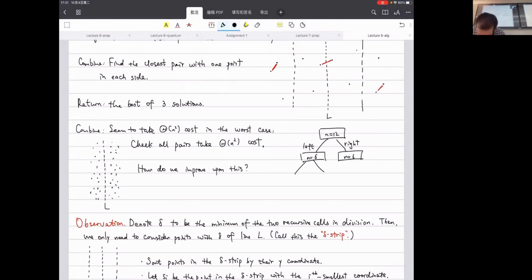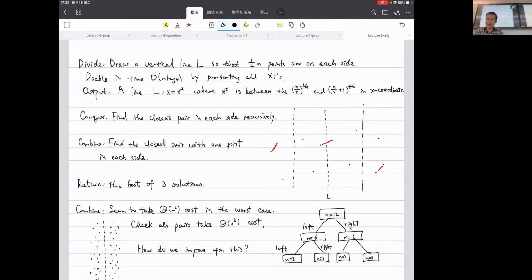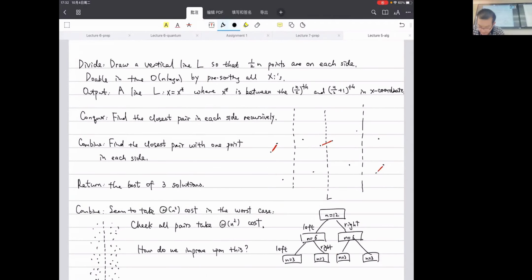You can keep calling this divide and conquer. You still have the left where n equals 3, and the right where n equals 3. So you actually go all the way to the bottom, and it's not very difficult, for the small case the cost is O of 1.